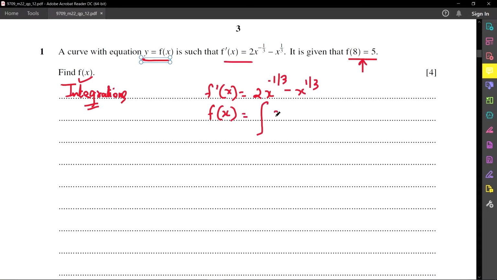So here, the integral of 2x power minus 1 by 3 minus x power 1 by 3 dx is equal to, so 2 times, you can use the power rule. The power rule is: the integral of x power n is x power n plus 1 by n plus 1, where n is not equal to negative 1, plus c.